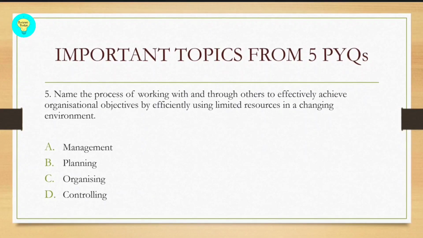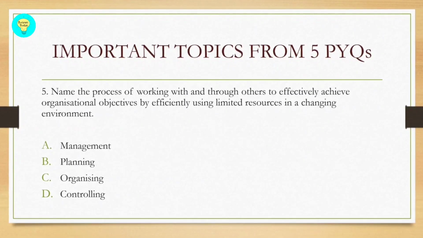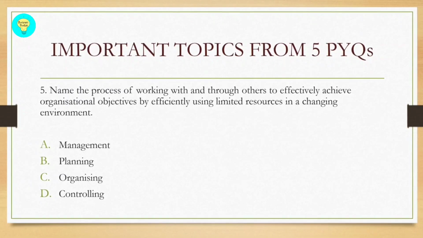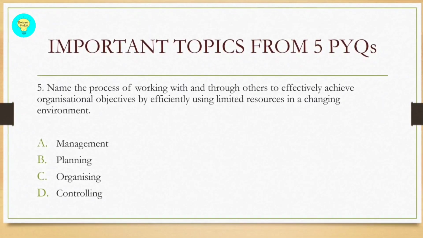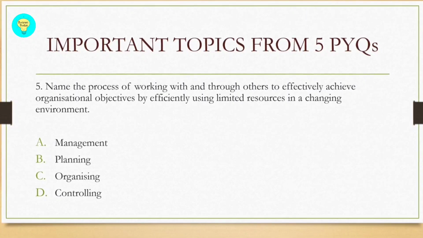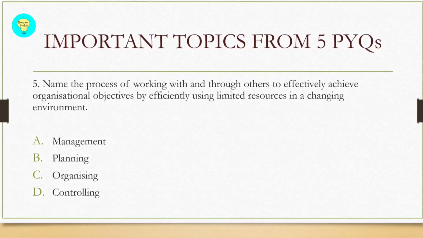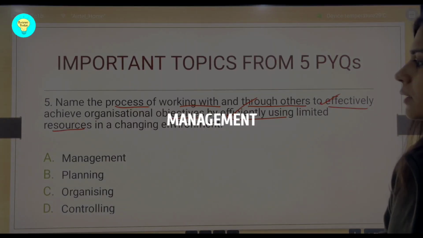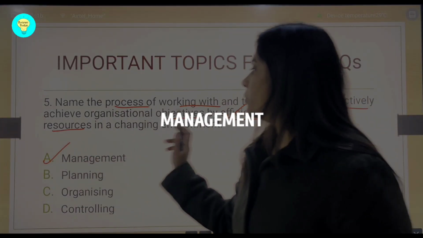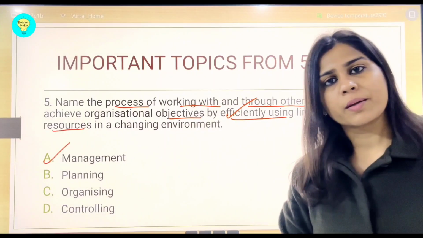It says, name the process of working with and through others to effectively achieve the organizational objectives by efficiently using its resources. So the two concepts of the process have been used here in the question. So it's none other than management, because both these concepts relate to management. So I hope the topic is very clear. Thank you.